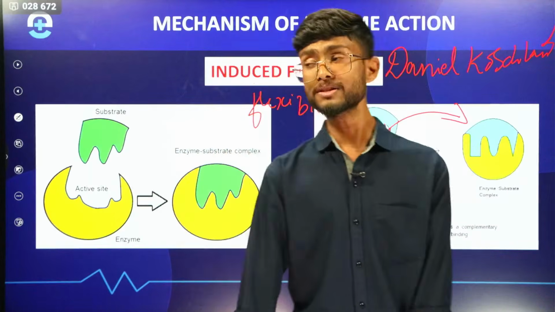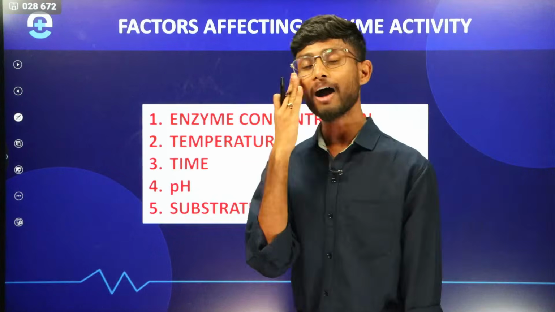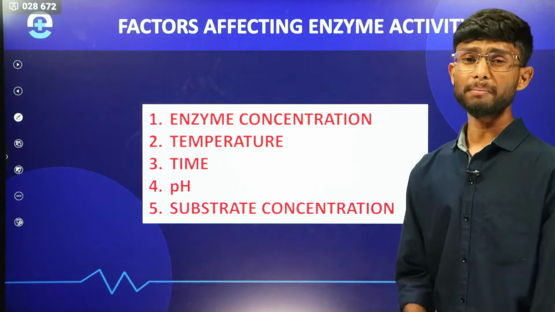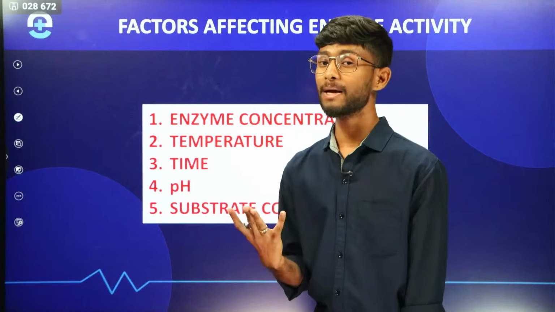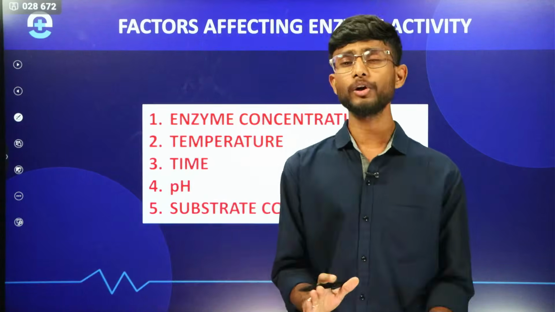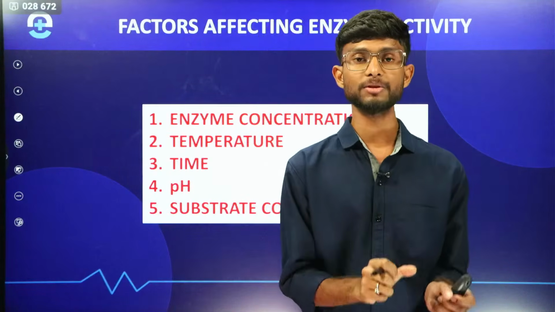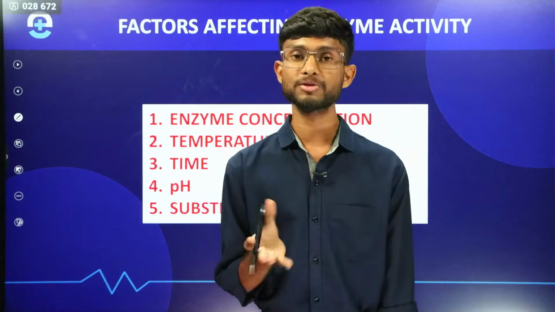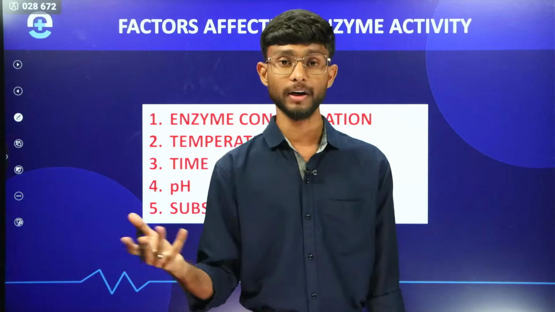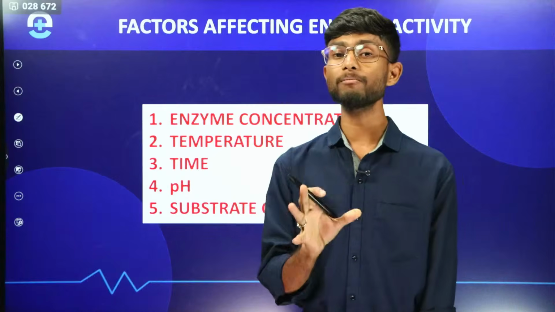So next we'll discuss what are the factors affecting the enzyme activity. Understood? There are many factors which affect the enzyme activity. For example, as we have to study, we don't want any distractions, right? If we want to study biochemistry, what do we need? We need a biochemistry textbook, some reference books, running notes, etc. Likewise, for enzymes also, there are some factors.